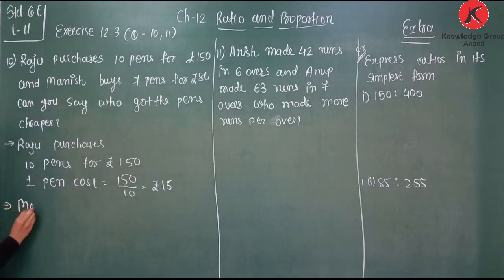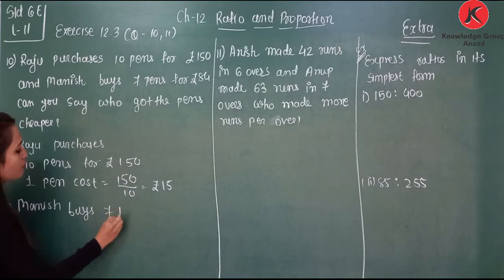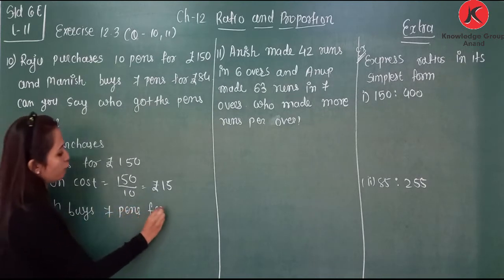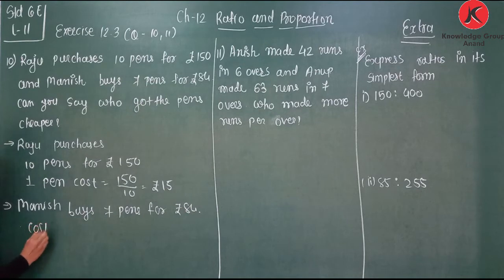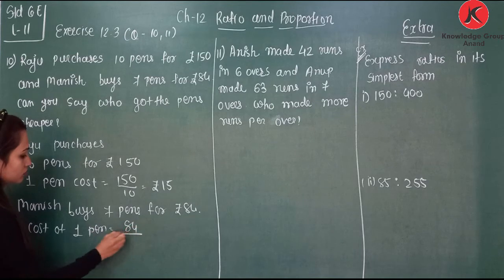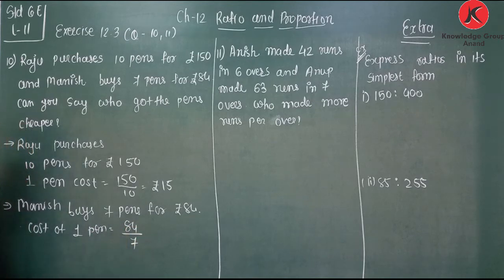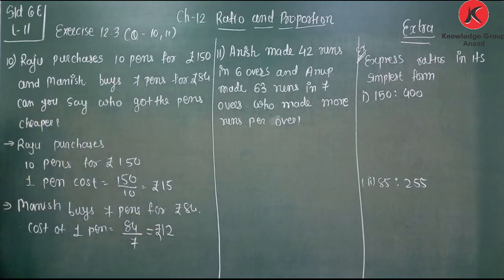Same, Manish buys 7 pens for rupees 84. So the cost of 1 pen is 12 rupees. So who buys the pen cheaper?